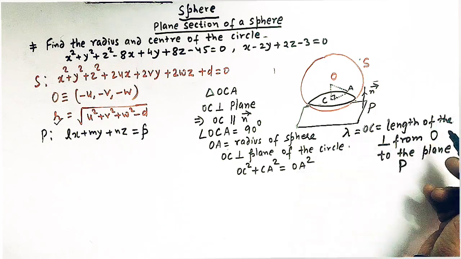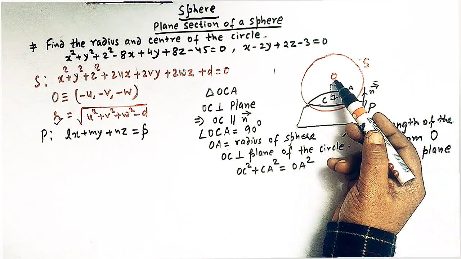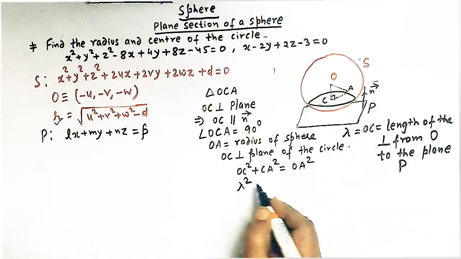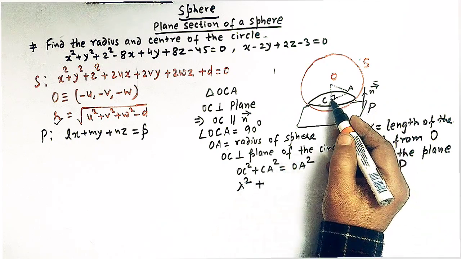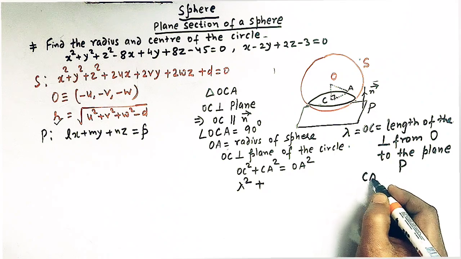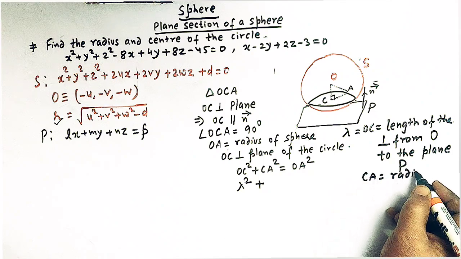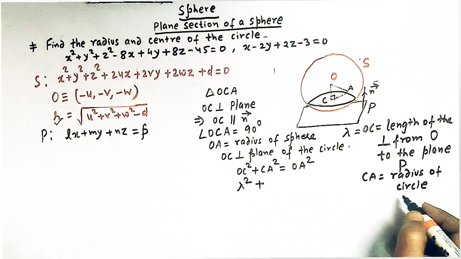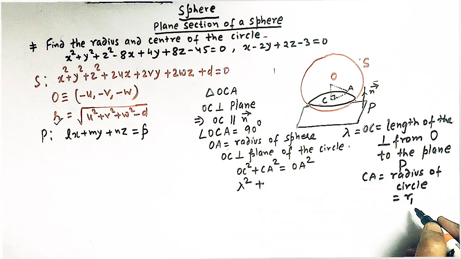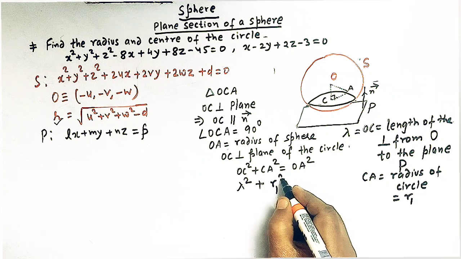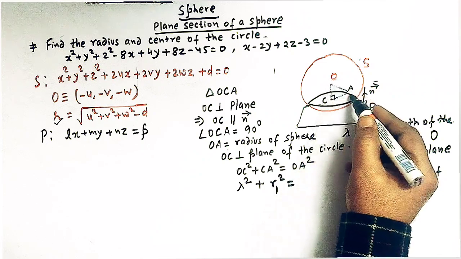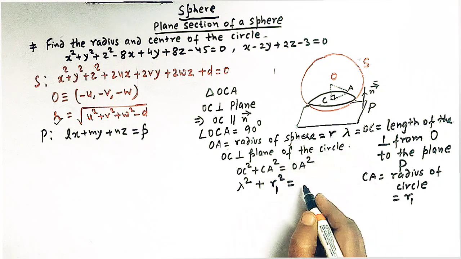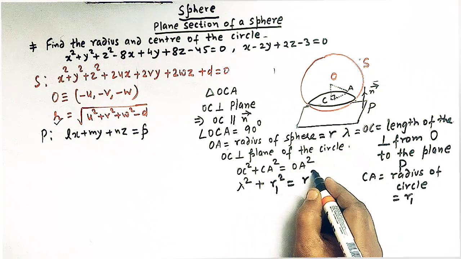Lambda is the length of the perpendicular from this point O to the plane P. So here we can write lambda square, and CA is the radius of the circle, so we can take CA as R1. So we have R1 square, and OA is the radius of the sphere, that is R. So here we have R square.